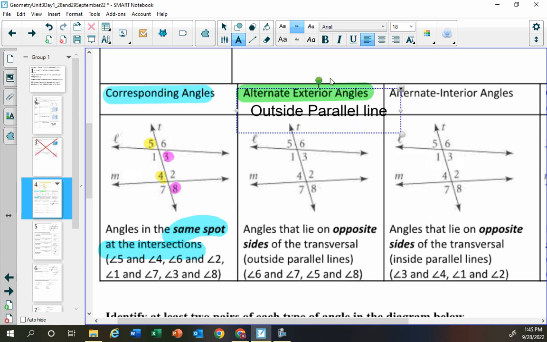These angles are always going to be outside the parallel lines. I'm going to put parallel in parentheses because for the most part, these lines are going to be parallel. They might not be all the time. But usually for the homework, tests, and quizzes, think about it like choo-choo train tracks. They're going to be parallel. They're never going to touch.